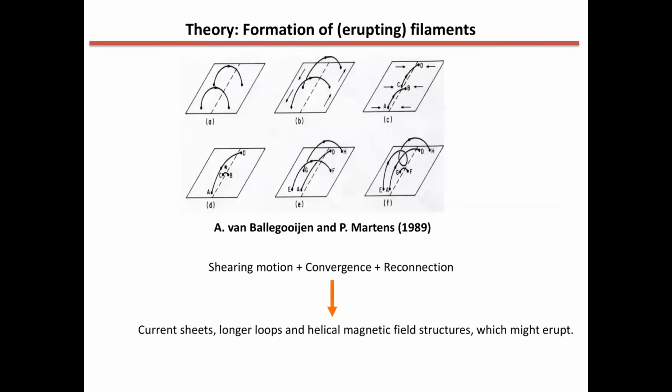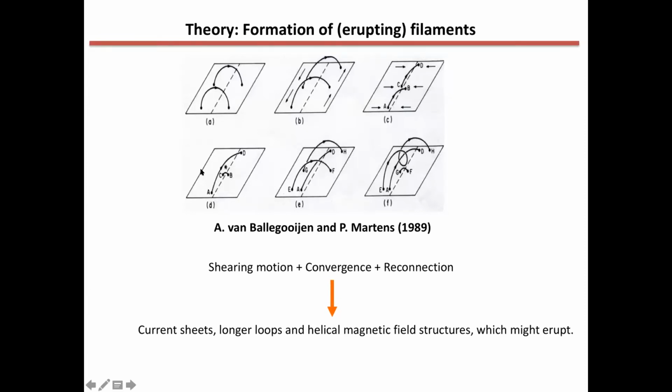Okay, so since I talked about flux ropes, just a reminder of some very basic theoretical ideas of how we can have formation of flux ropes somewhere in the solar atmosphere or below, let's say in the photosphere and so on.